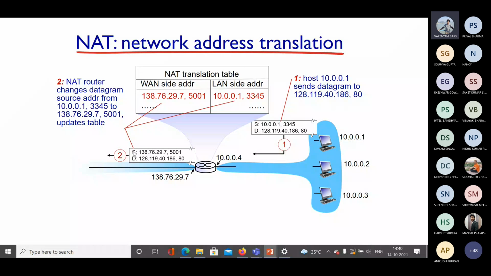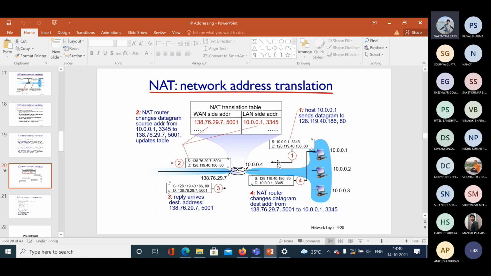The source address is changed to the outside interface's address. That is, 10.0.0.1 is changed to 138.76.29.7, and the corresponding port number is 5001. The corresponding translation table entry is also given here.